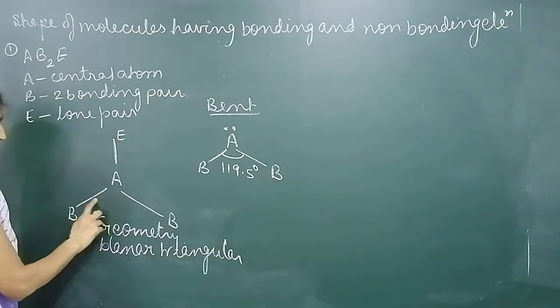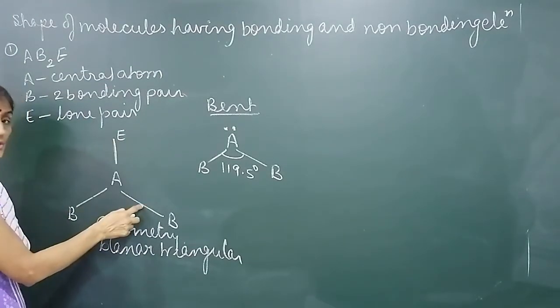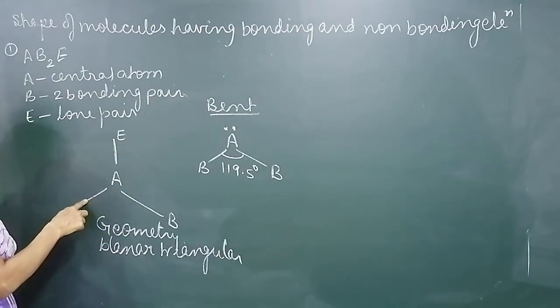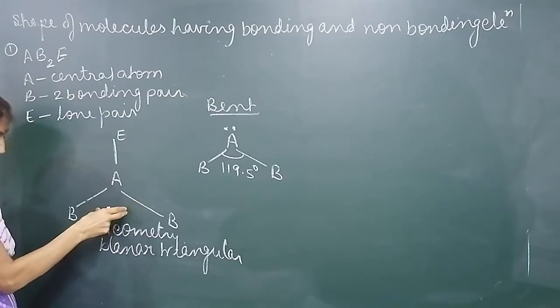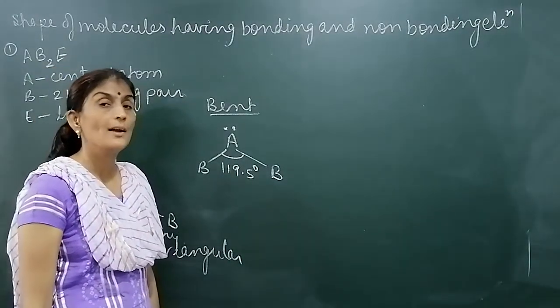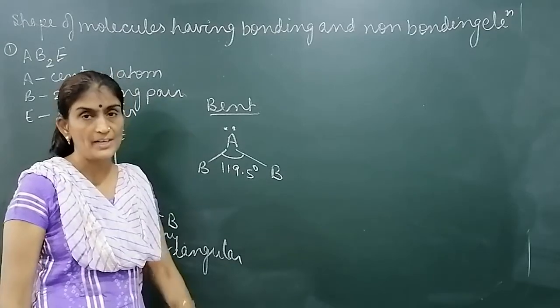So these bond pair repulsion is less, but lone pair and bond pair repulsion is more. So due to this more repulsion, these two bond pairs somewhat come close. So bond angle is less than 120 degree, shape is bent, and bond angle will be 119.5 degree.